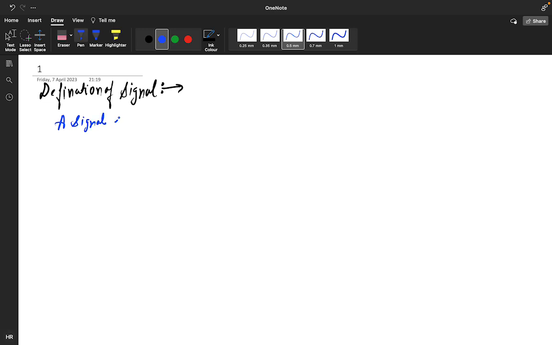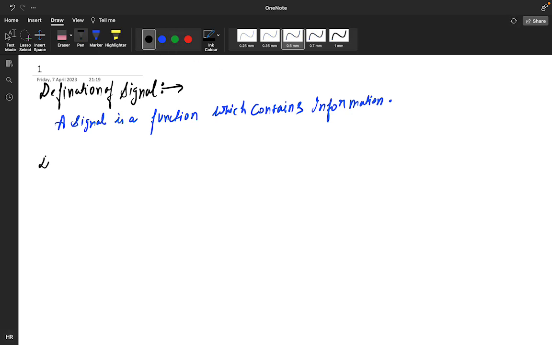A signal is a function which contains information.